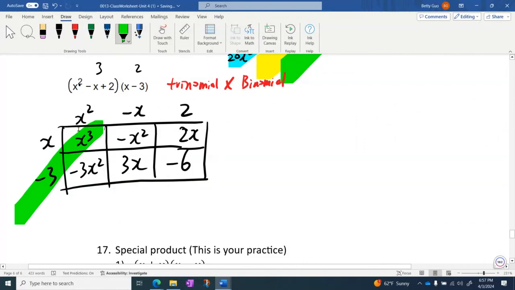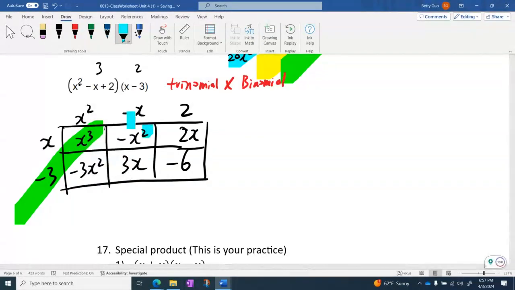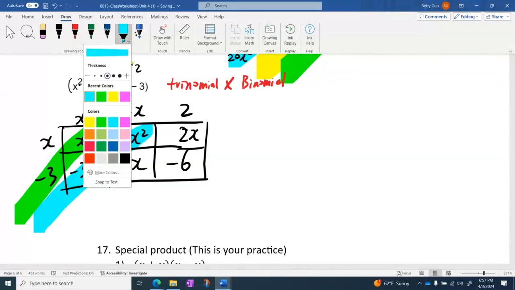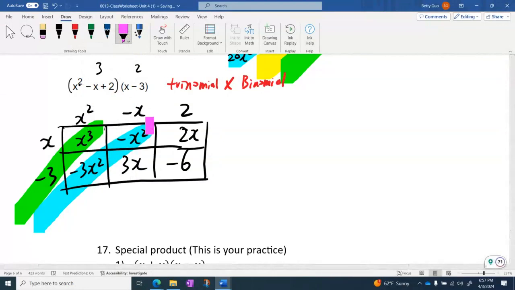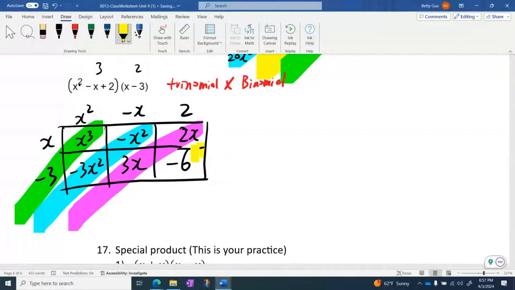This is green. And then do the blue. You'll see the diagonal pattern again here. And you do pink. And you do yellow. Right, you see the same color.